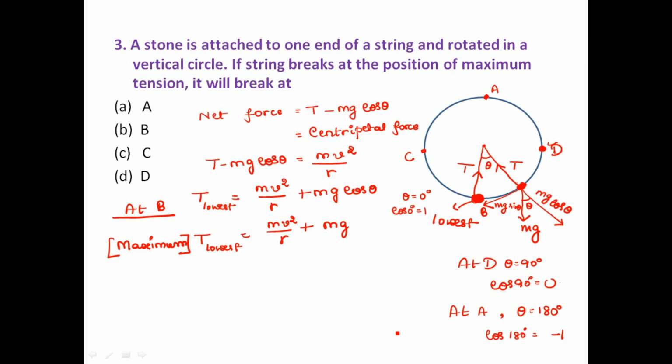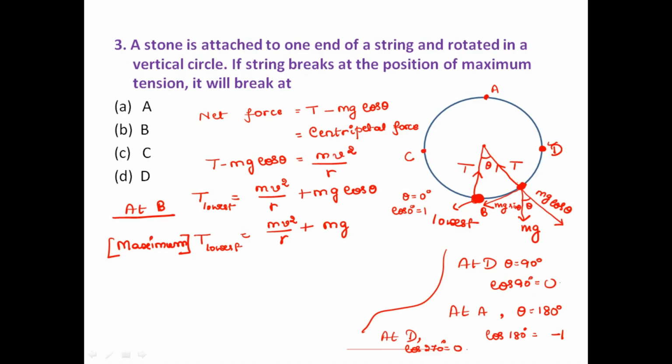Similarly, at C, what will be the value of theta? It is 270 degree. At 270 degree also, cos 270 degree is again equal to 0. That is why at three different points D, A and C, the tension is minimum.